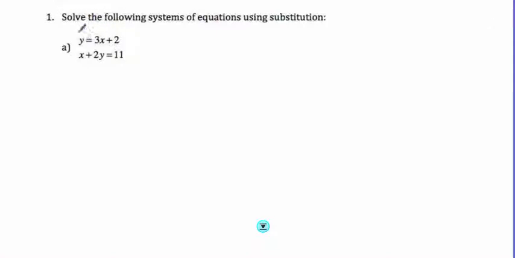Okay, and so what we have in this system is some of the work's been done for us. We have y equals 3x plus 2, and so step number 1, which is to select an equation and isolate one of the variables, has in fact been taken care of for us, and we can go directly to step 2, which is a substitution step.